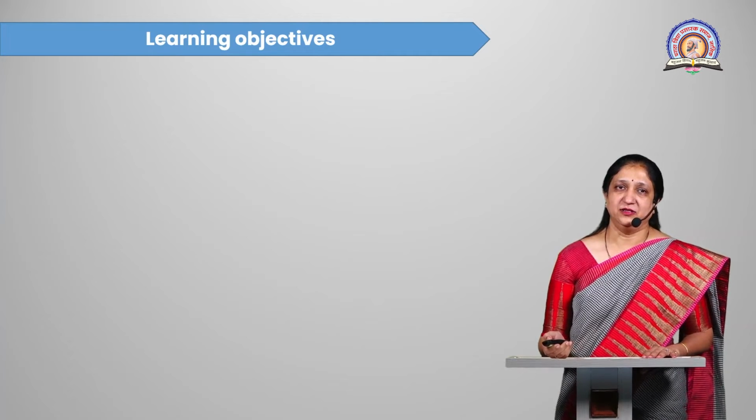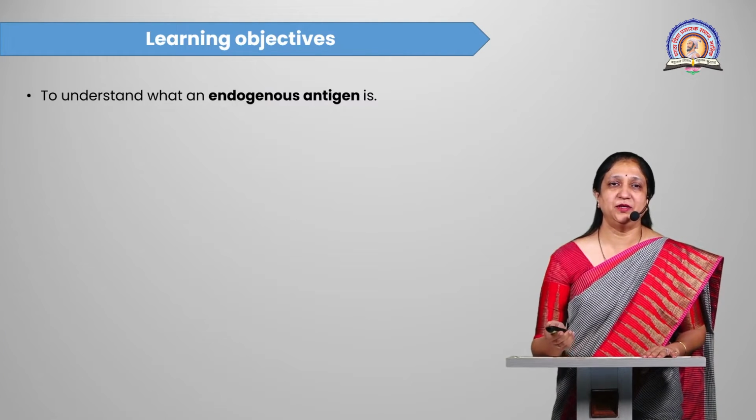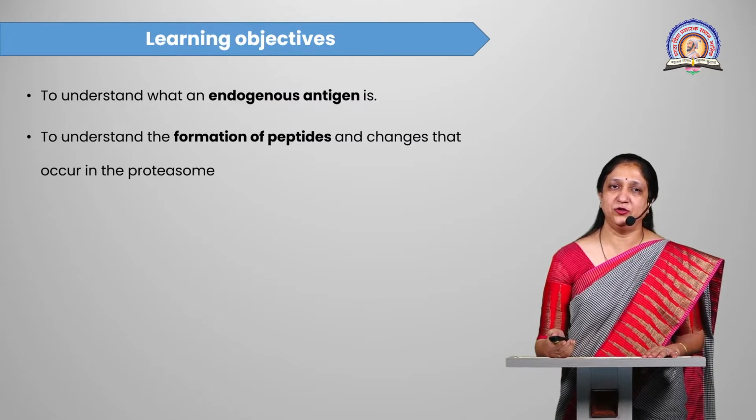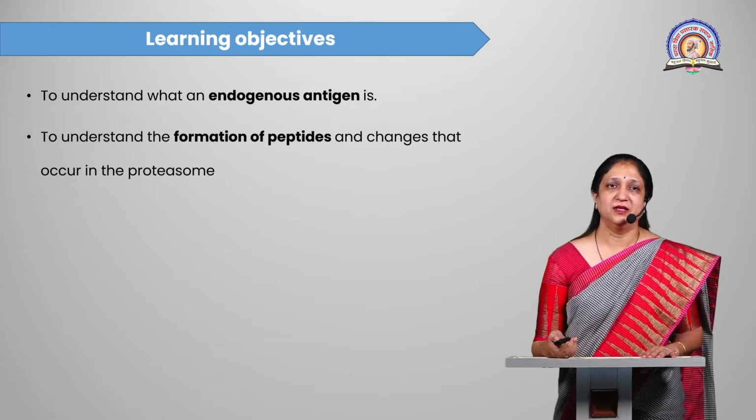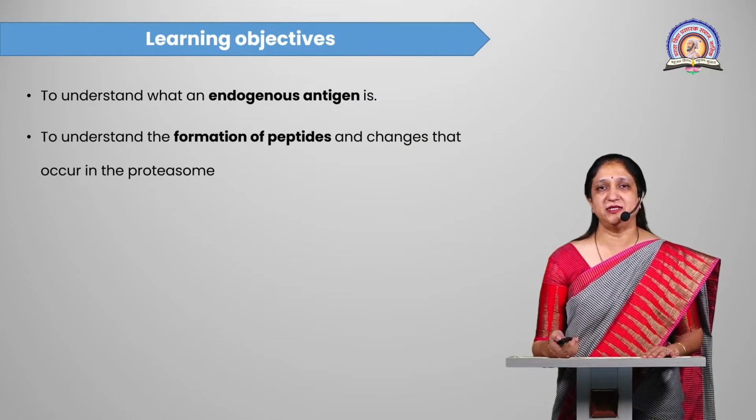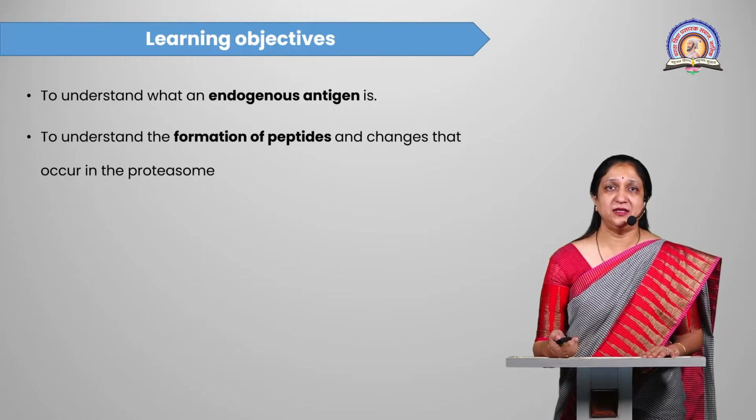After the lecture, the students will be able to understand what an endogenous antigen is. They will understand how the peptides are formed in the cytosolic pathway using the proteasome that is present in the cytosol.